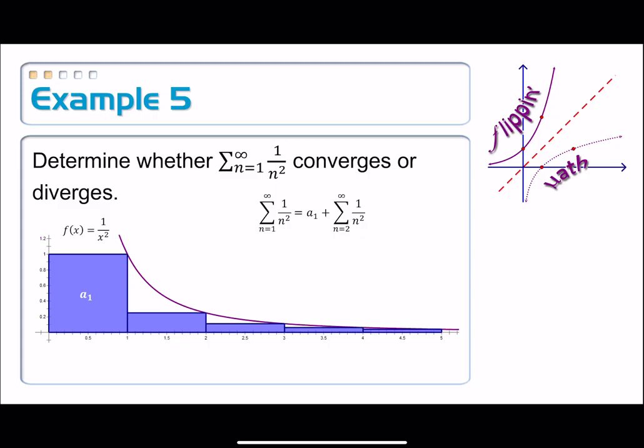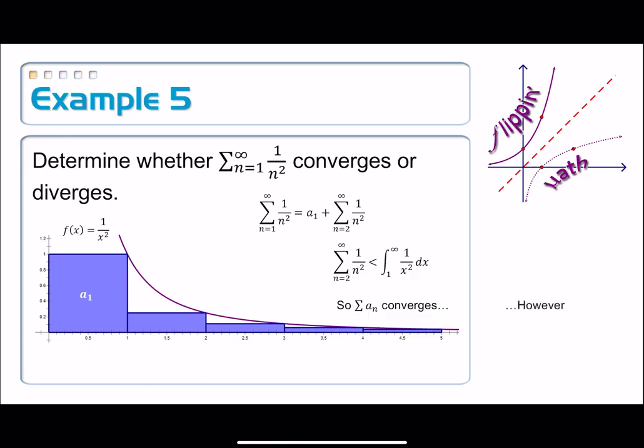So now if I compare just the definite integral, which would be the area underneath the curve, with all of the terms after that first one, I can definitely see that it's smaller than a convergent series, so therefore it must converge. Fantastic. But now, I've excluded that first term, so I need to put that first term back in there.